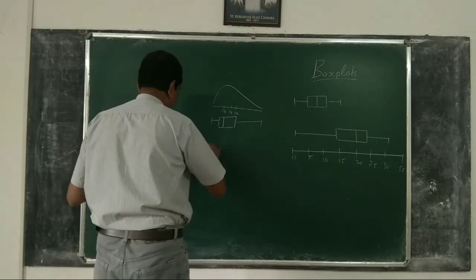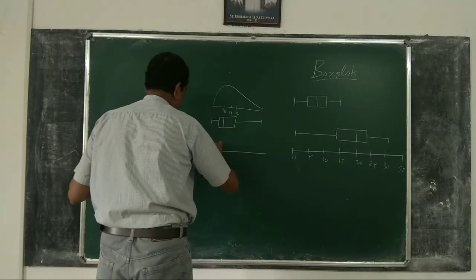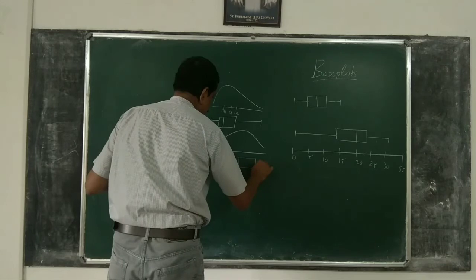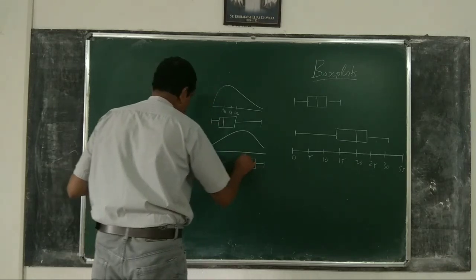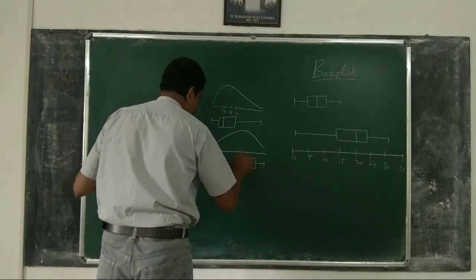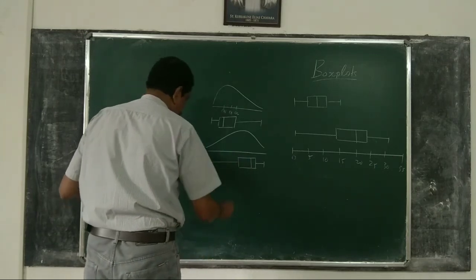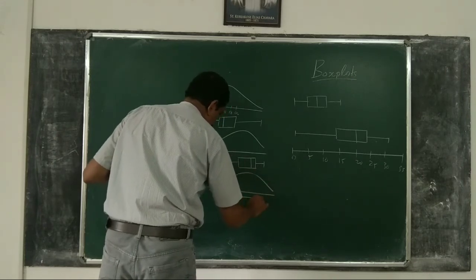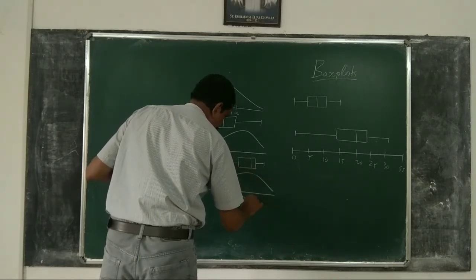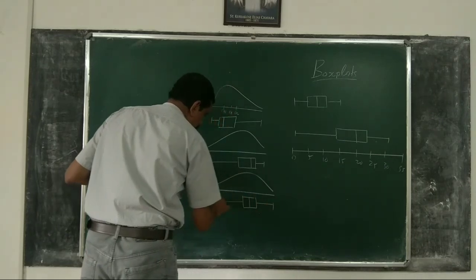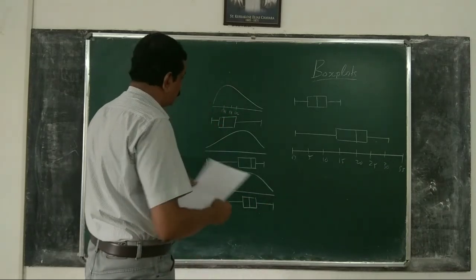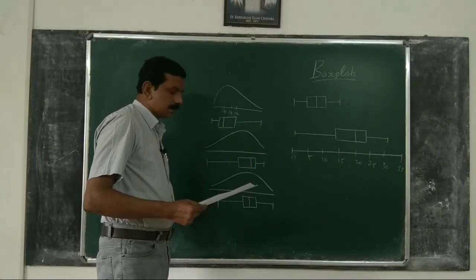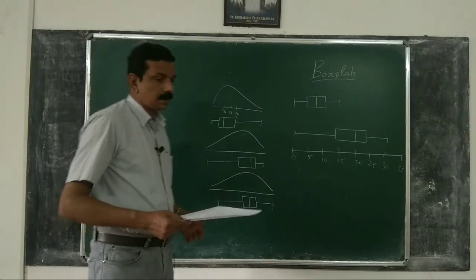For left skewed, the box plot will be like this. And for a normal, symmetric distribution, the box plot will be like this. So for right skewed, left skewed, and symmetric. And this is the box plot.